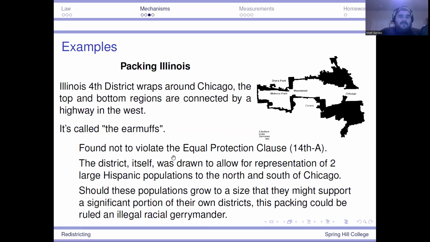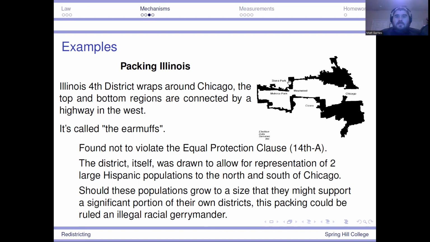Now, this was actually found not to violate the Equal Protection Clause. The district itself was drawn to allow for representation of 2 large Hispanic populations that are to the north and to the south of Chicago. Of course, these areas have to be one piece. We can't have this piece up here and this piece up here, and they're not connected. So we had to have some way to connect them.